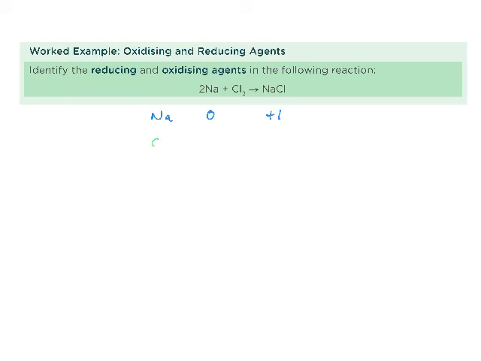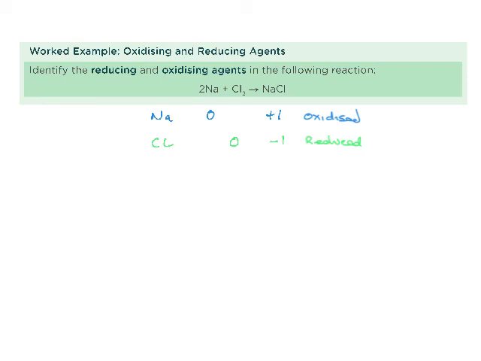The chlorine is also going from an oxidation number of 0, but this time if the sodium is +1, the chlorine must be -1. So the sodium is increasing in oxidation number, so therefore it's oxidized, and the chlorine is reducing, so it must be reduced.